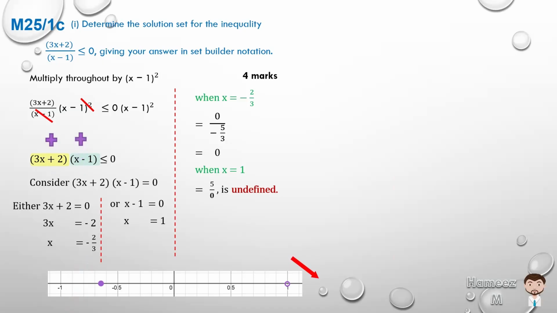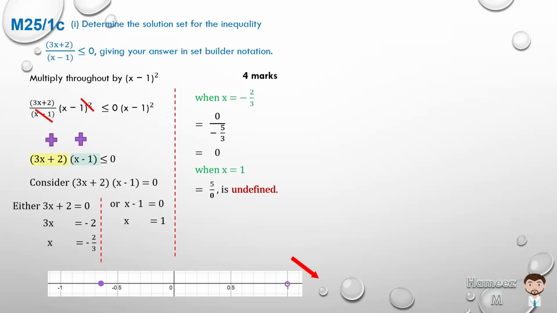So a positive times a positive number, any positive numbers there will give us a positive result. A positive result will not hold for this because less than or equal to 0 means it's either negative or equal to 0. So it doesn't work to the right of x equal to 1 either.